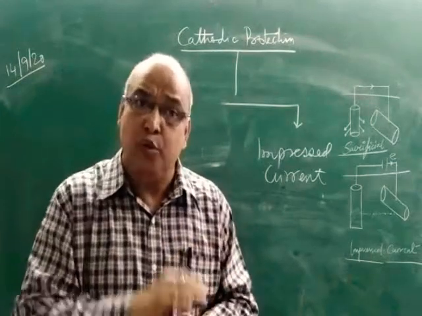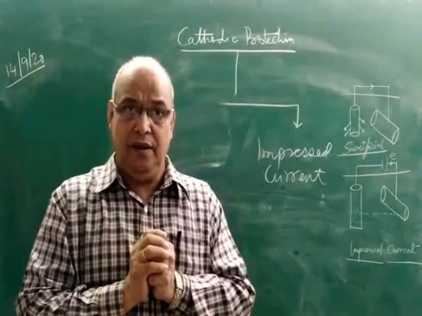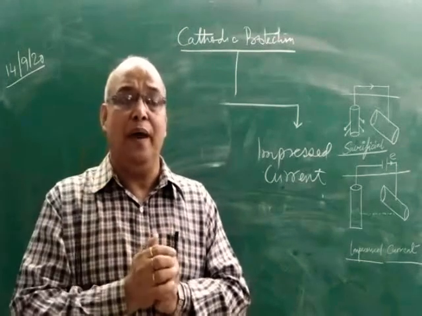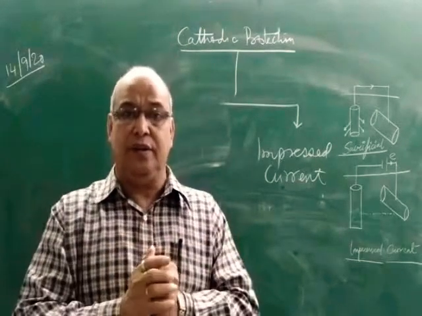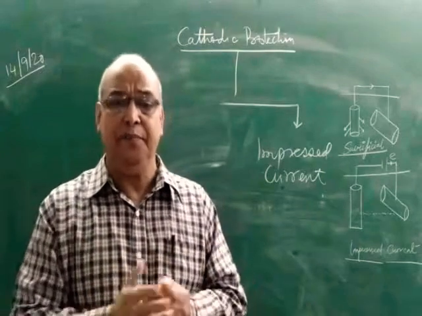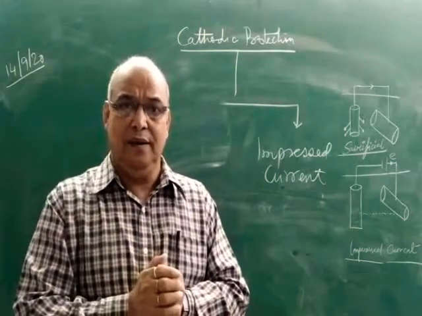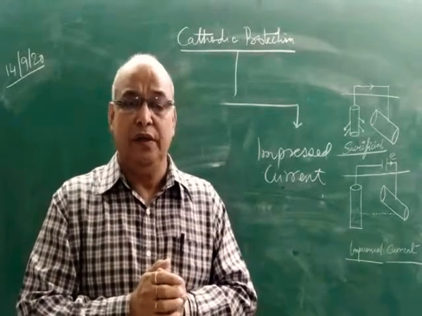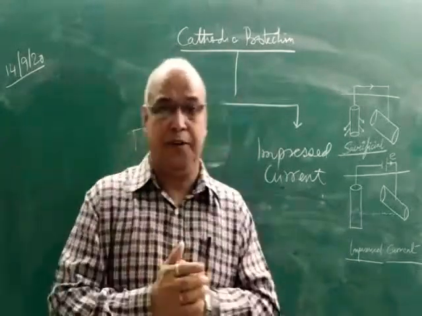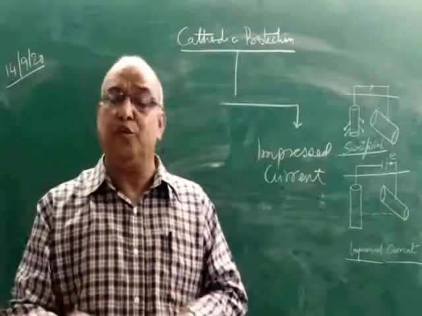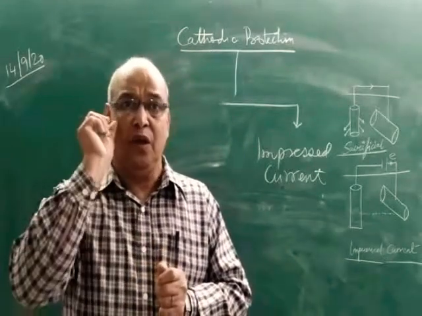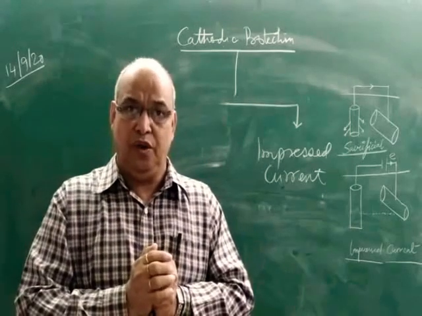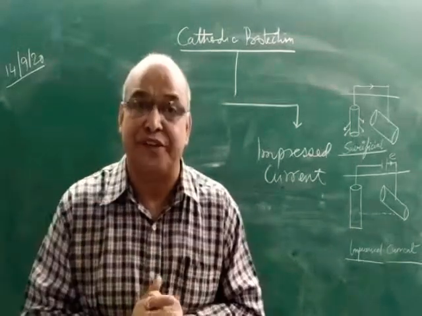The impressed current which is applied is derived from a direct source like a battery or rectifier with an insoluble anode. Sufficient DC current is supplied to the insoluble anode, which is connected to the metallic structure which is to be protected.